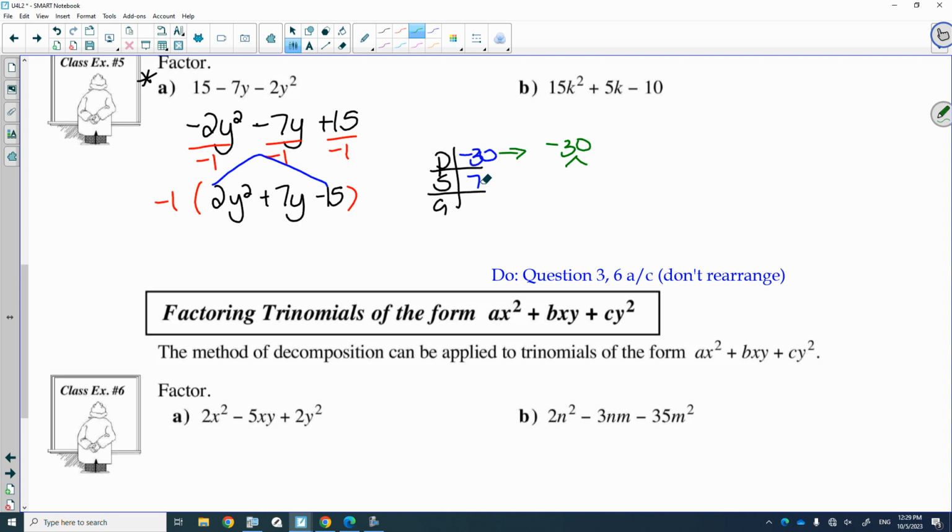I'm not going to write 2 and 15 down. So let me just think. So what did you say? Positive 10, negative 3. Okay, so it would be this one. That will give you 7. This will give you negative 7. Okay, so he said positive 10, negative 3.